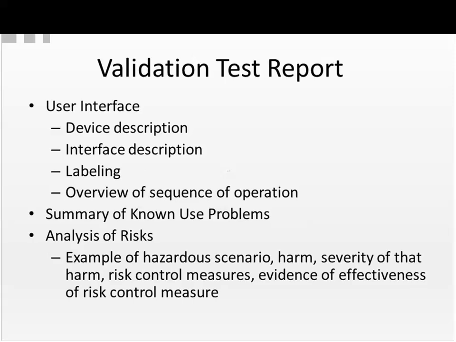You're going to list your summary of known use problems that you developed before, and describe your risk analysis, your hazardous scenarios, the harms, the severity, the risk control measures, and your evidence of the effectiveness of risk control measures, your testing, that shows that your risk control measures were effective.